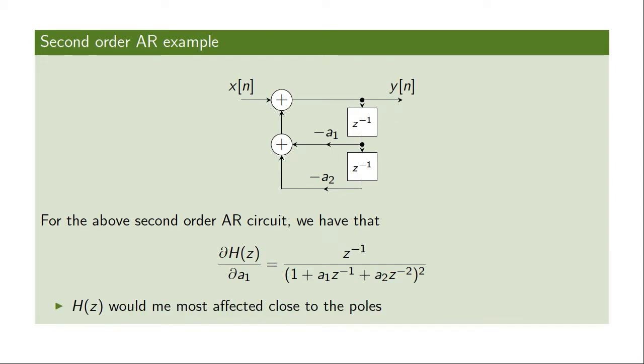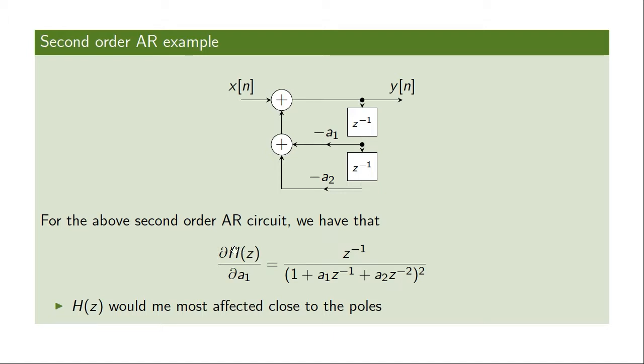So one of the things that we can note with this expression is that the sensitivity of the circuit or the transfer function will be larger if we have a z which is close to one of the poles, simply because we will then be dividing by a smaller number here, leading to an increase in the magnitude of this quantity. And this will be true even if we look at the relative sensitivity.